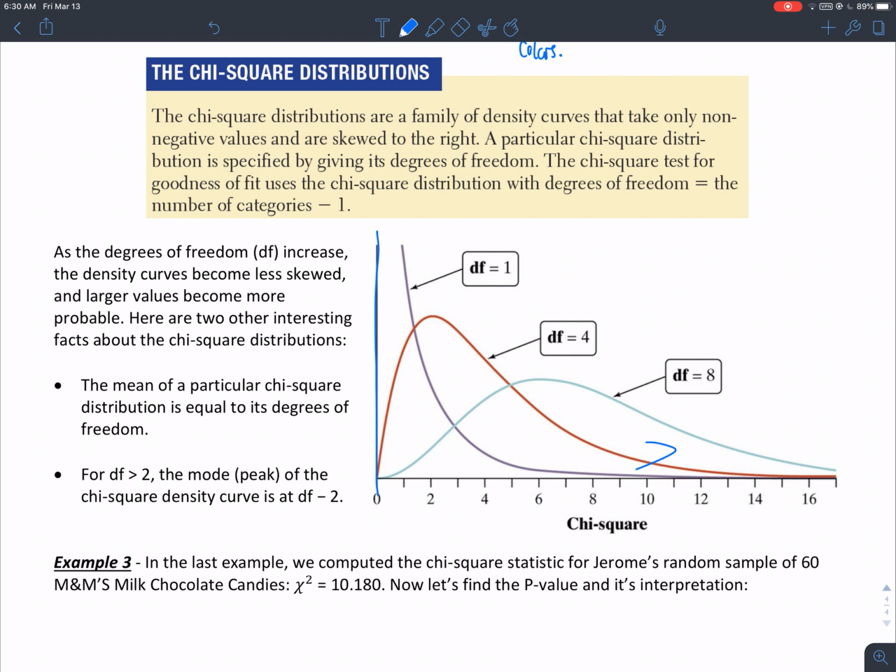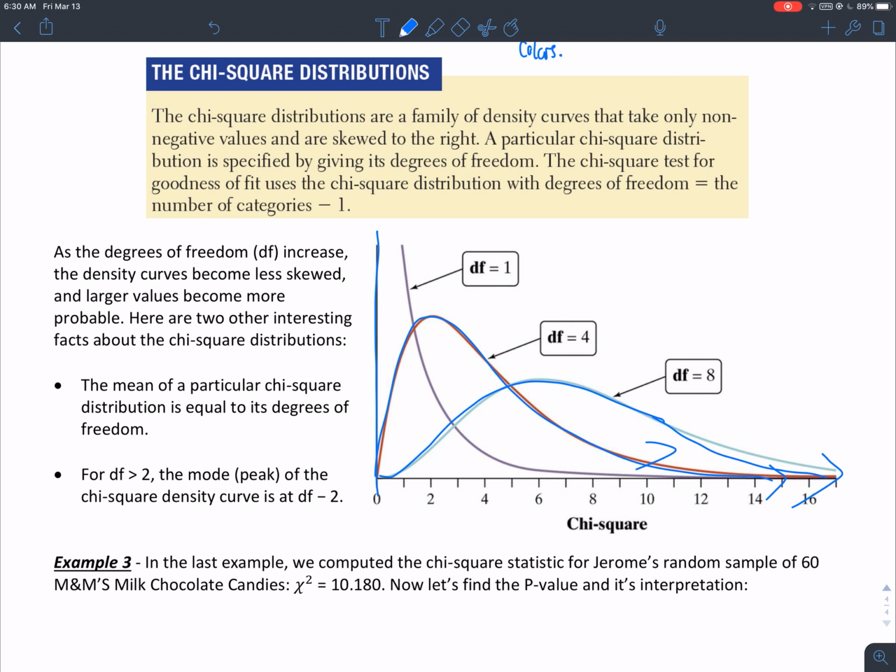And what they're showing you here is a very heavily right-skewed distribution for smaller degrees of freedom and a much less right-skewed distribution for higher degrees of freedom.